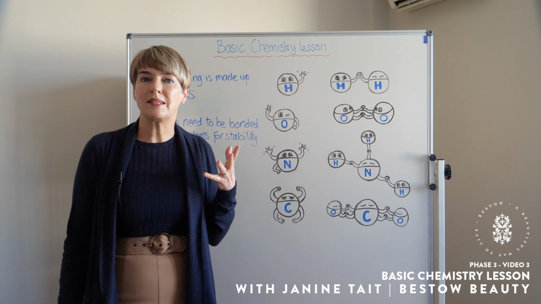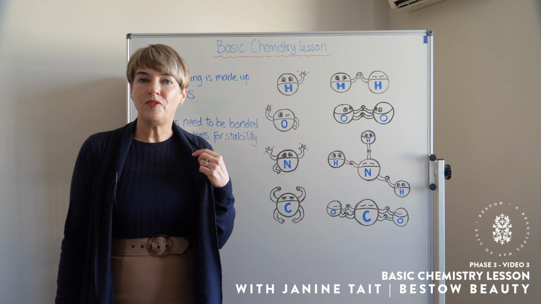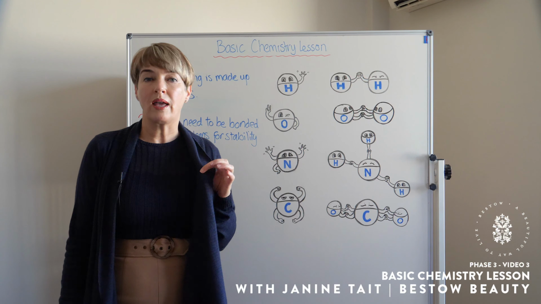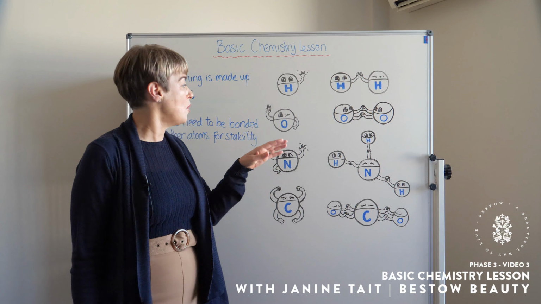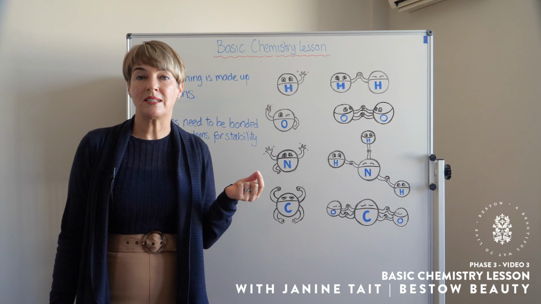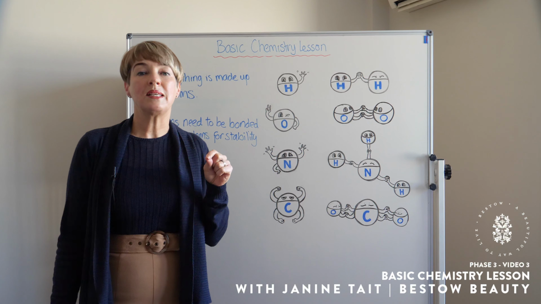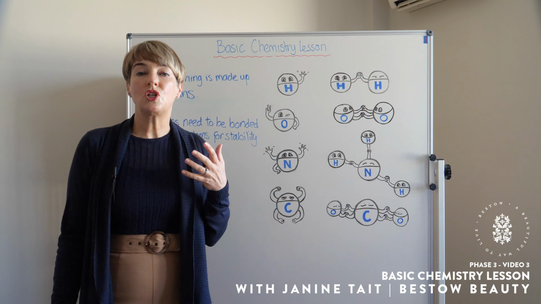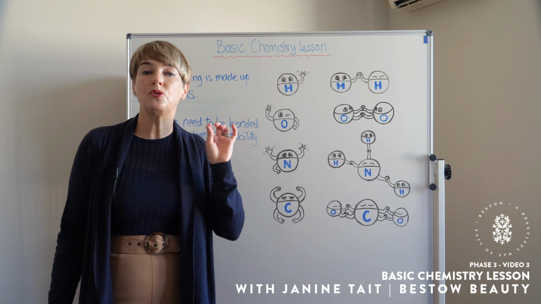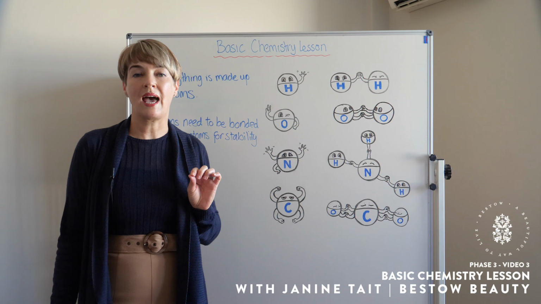I find this amazing, that the difference between what makes up my clothing and what makes up this whiteboard is simply different types of atoms. And every atom is basically the same. The difference is how many protons, neutrons and electrons they contain.